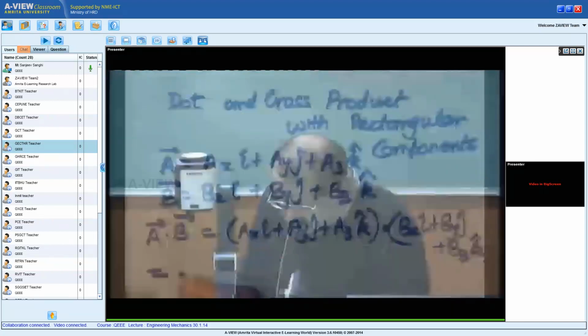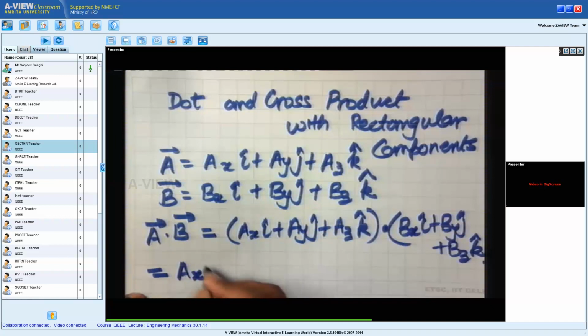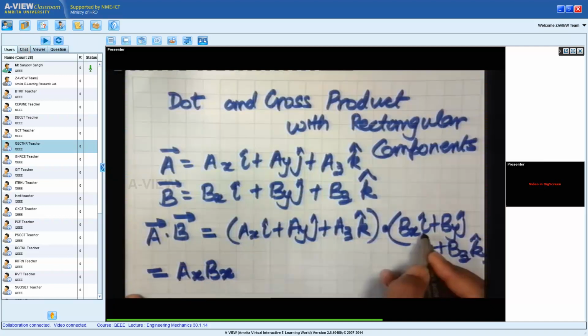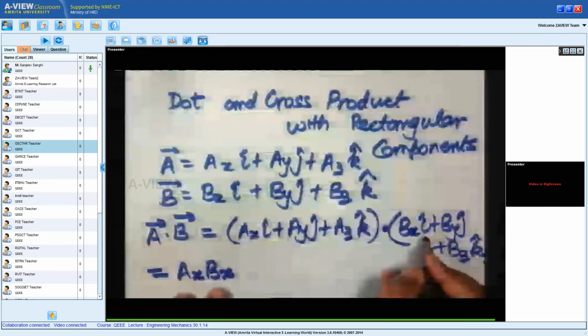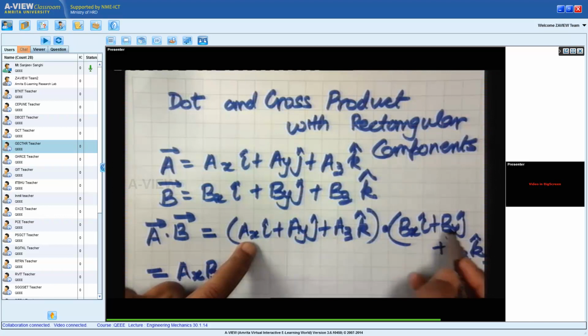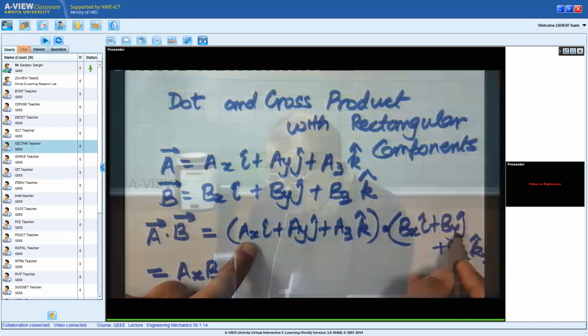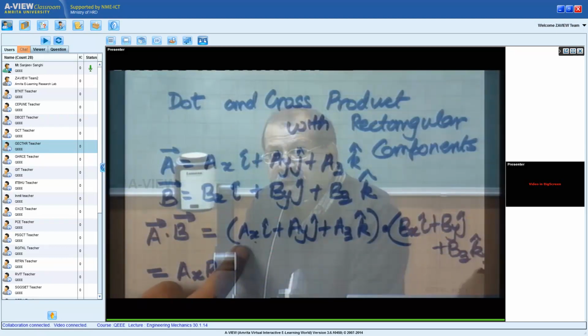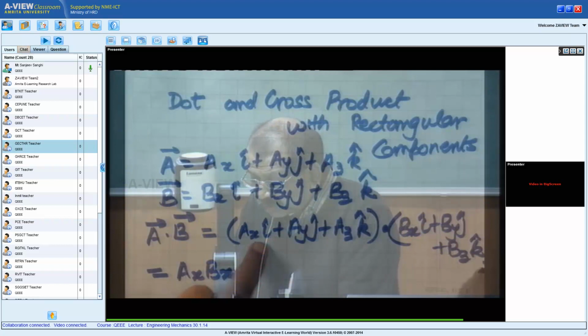When I take the first term, I get AX BX times I dotted with I, which gives me 1. So it becomes AX BX. Next I take AXI dotted with BYJ. Now I dotted with J is 0, so this becomes 0. Next I take AXI dotted with BZK. I dotted with K is 0, so this also becomes 0.